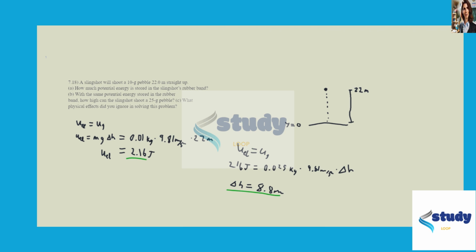So with the slingshot, we are assuming that all that potential energy is converted into kinetic energy. That's our first assumption, when in reality, the slingshot will also heat up a little bit, will absorb some of that energy into its molecules. So that would be some energy lost as the pebble leaves the slingshot.